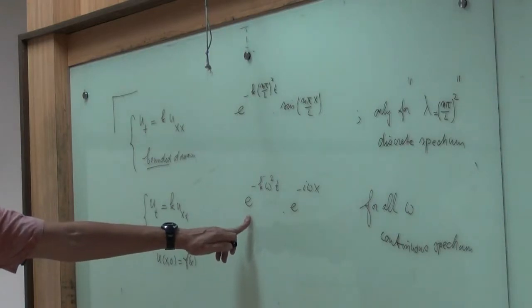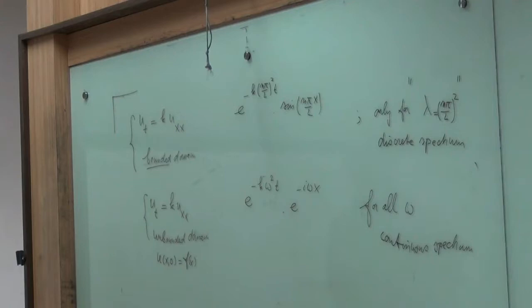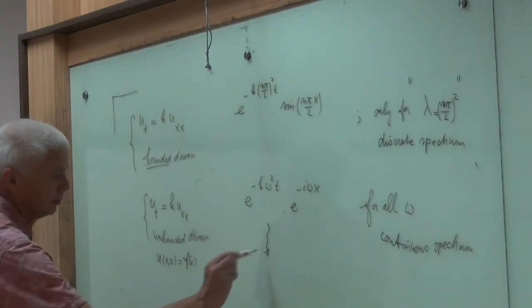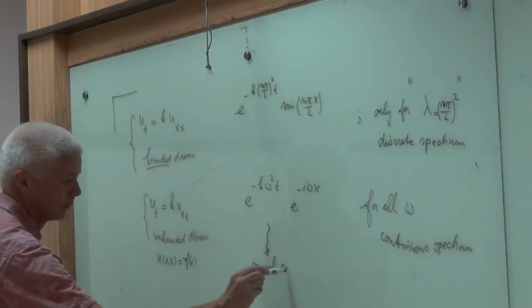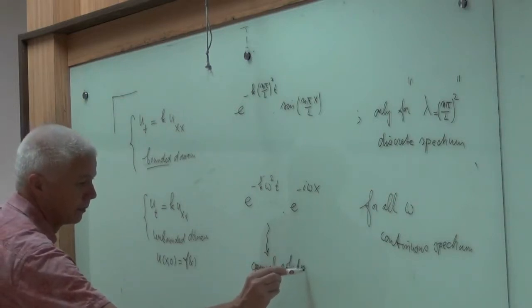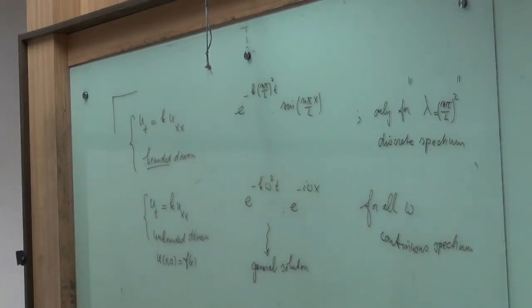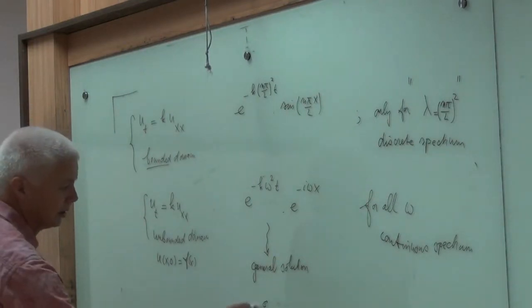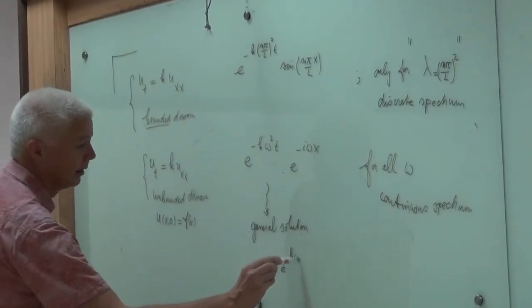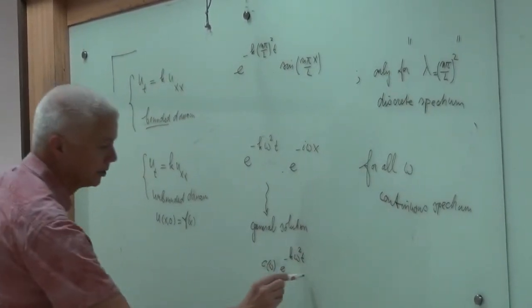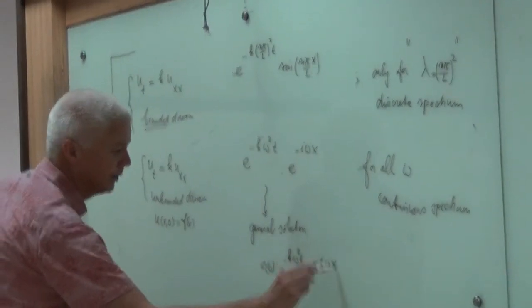How many solutions do I find here? Infinitely many. So if I write down the general solution, I can add up all the solutions that I found. At least one solution is a constant which depends on omega times e to the power minus k omega squared t times e to the power minus I omega x.